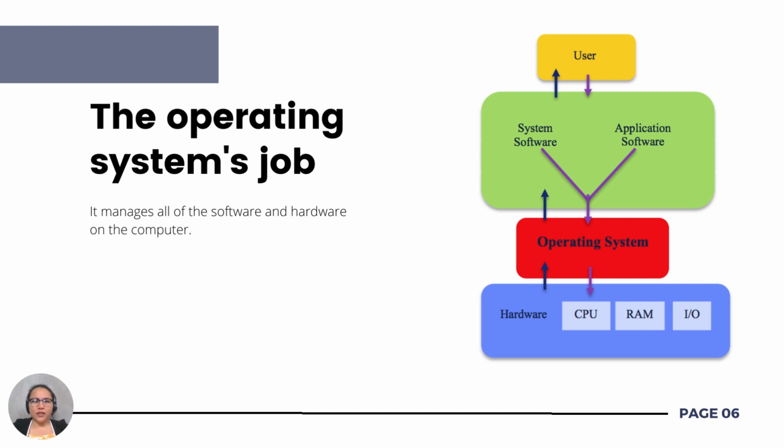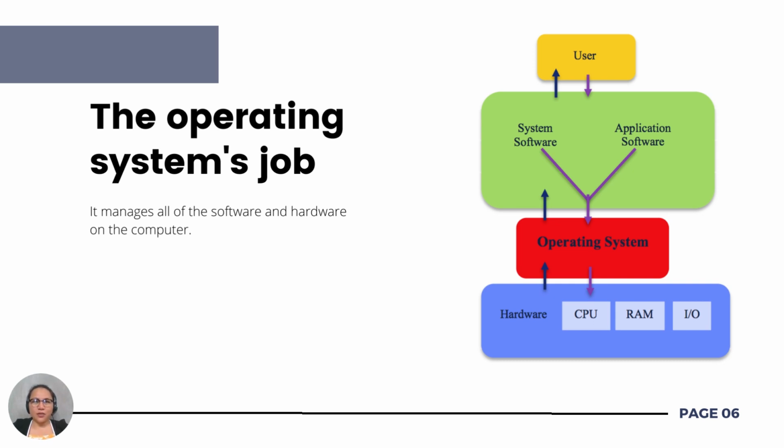So the user opened various programs. As we said earlier, programs, whether games, word processors, or web browsers like Mozilla Firefox or Google Chrome, those are programs and those are application software. You opened several programs, so what the operating system will do is coordinate the instruction given.